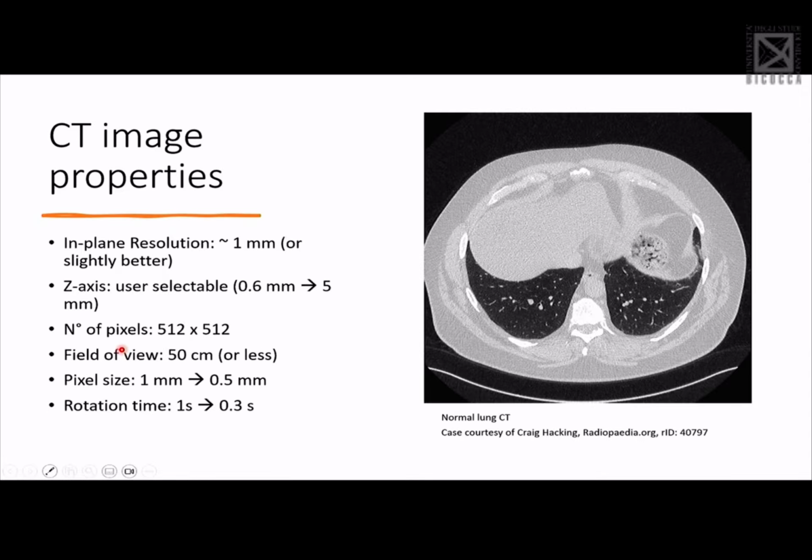Now, if you are rotating at 0.3 seconds and acquiring a 4 centimeter slab of the body because you have a multi-slice CT, this means that you can go from head to feet in, I don't know, like 20 seconds or so, I don't remember anymore, which means that this exam is extremely fast.